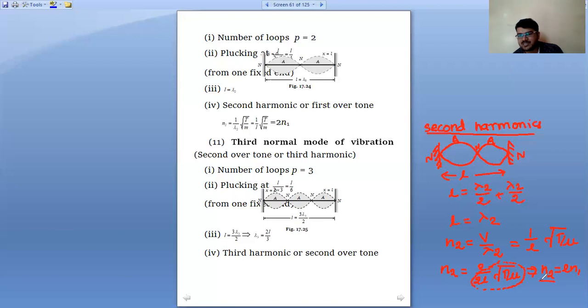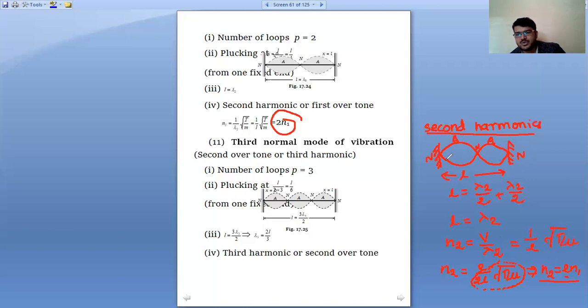Understood? And that's why we call it the second harmonic, a multiple of 2. You can see here you are getting 2 N1, so this is your second harmonic. One more time, listen. In the second harmonic, how many loops are we getting? 2 loops: node, antinode, node, antinode, node.